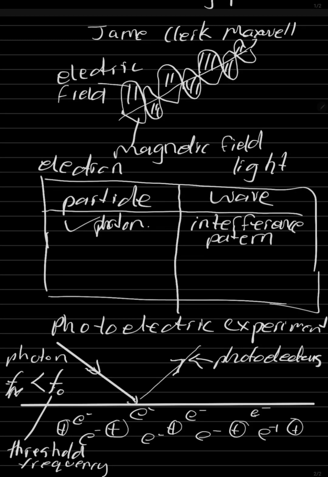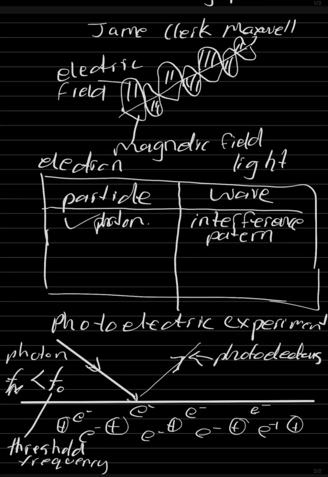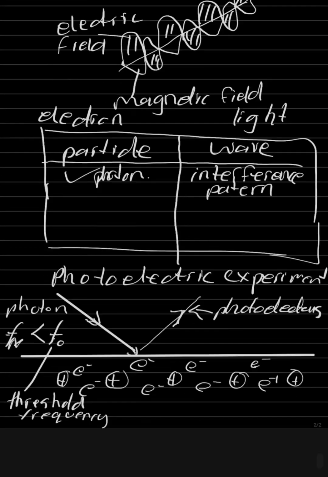Also, what's happening here is that we will never release photoelectrons from this metal unless we shine light of frequency greater than or equal to the threshold frequency of this metal. That is the only way to release photoelectrons. So now light is both a wave and a particle. Which is which? What should we believe in? Is it truly a wave? Is it truly a particle? Let's go on next.